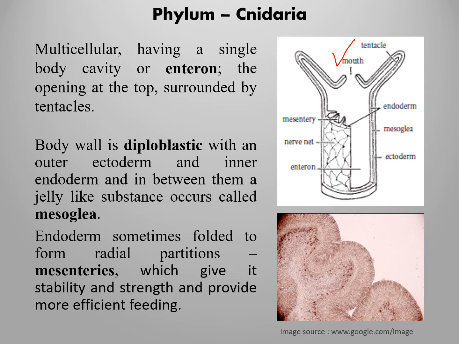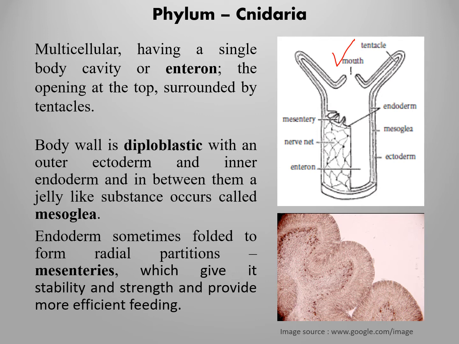Now this opening or mouth is surrounded by tentacles, and these tentacles act to gather food particles. Within these tentacles there are sacs which host some chemicals, and these chemicals act as a deterrent when they face any kind of predation or attack. During this time they eject chemicals through the sacs, and these sacs occur in the tentacles.